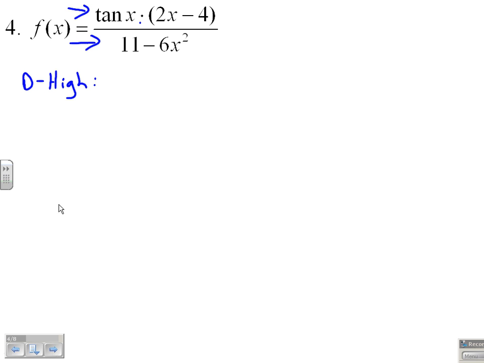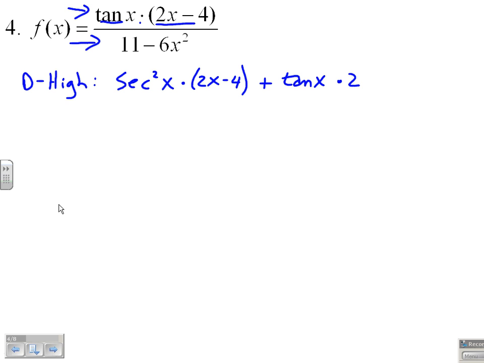Derivative of tangent of x is secant squared of x every time. So that is derivative of first times the just plain second, 2x minus 4, plus the just plain first, tangent of x, times derivative of second. So that is my d high.